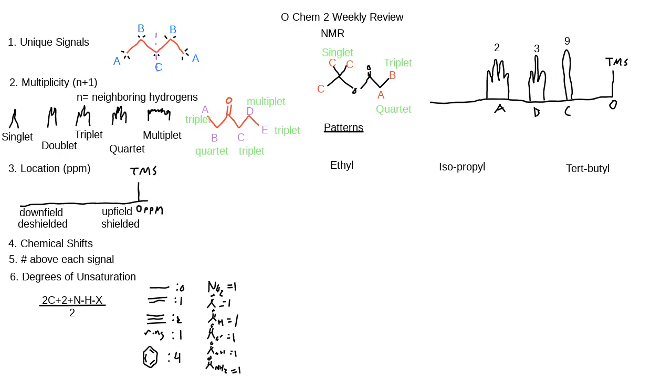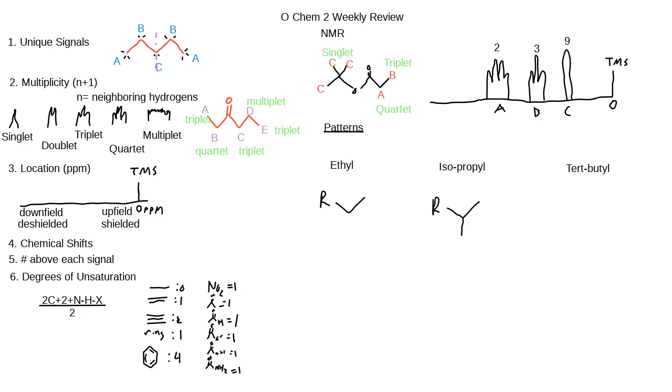And I am going to draw what ethyl looks like. It has an R group and then 2 carbons. Isopropyl looks like an R group and then 2 methyls at a center.